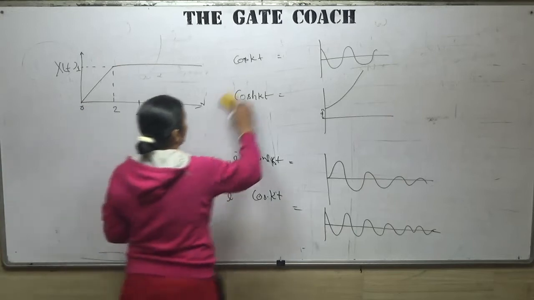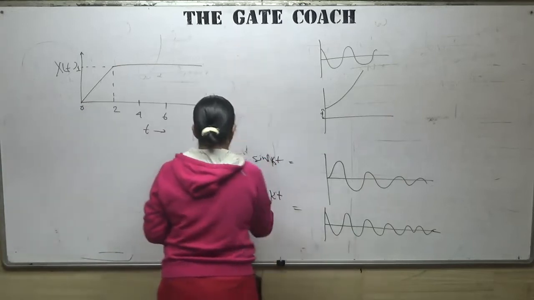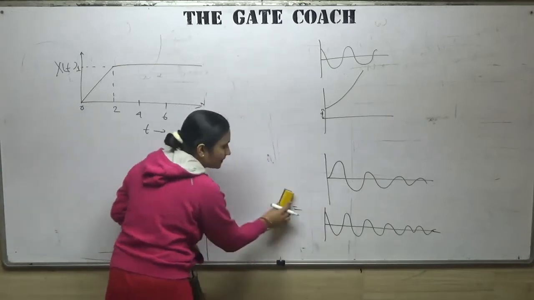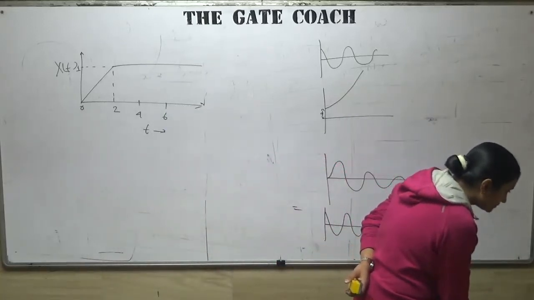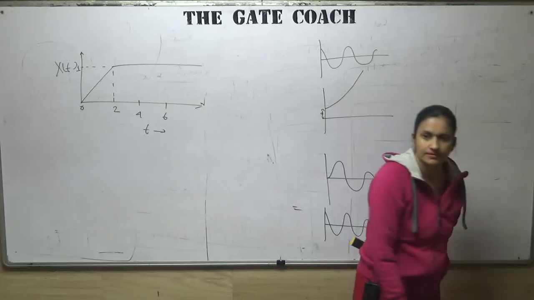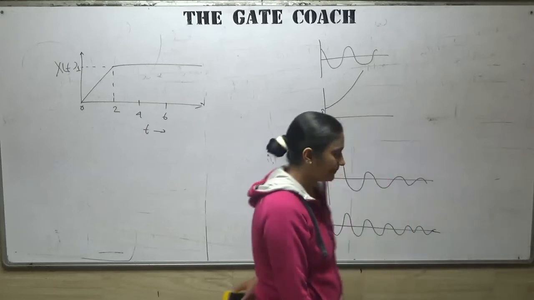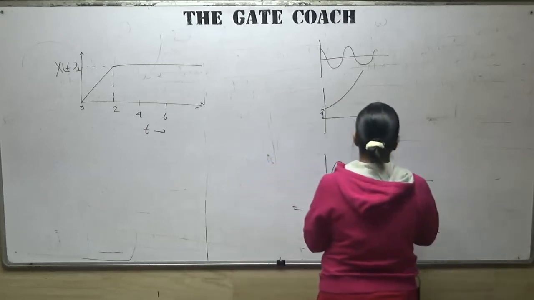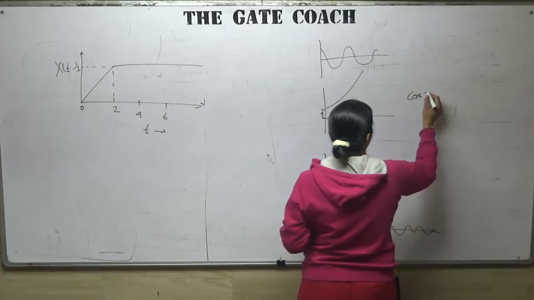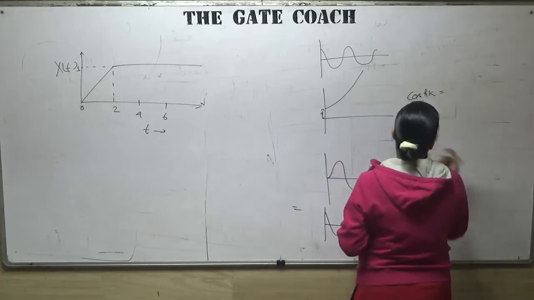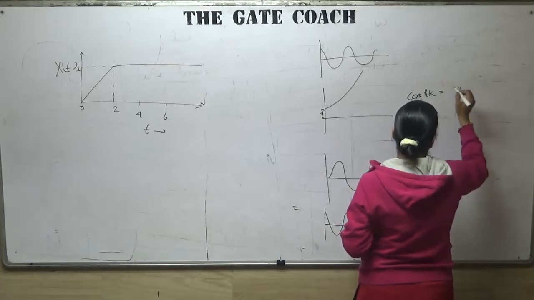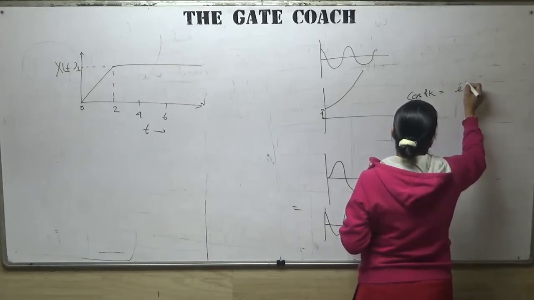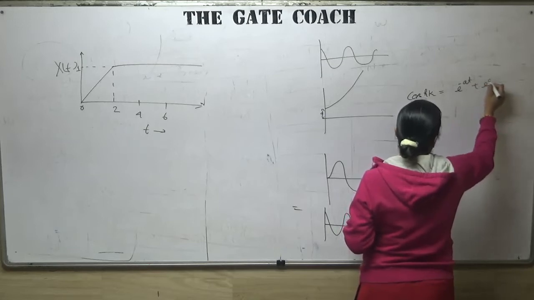So what do you have to do to write the Laplace transform? What is the Laplace transform? Because cos hyperbolic kt or sine hyperbolic kt, we can write it as e to the power kt plus or minus e to the power minus kt, divided by 2.